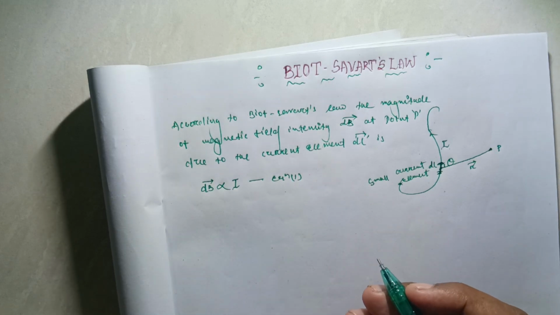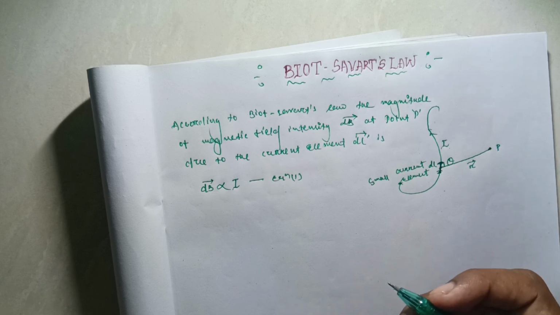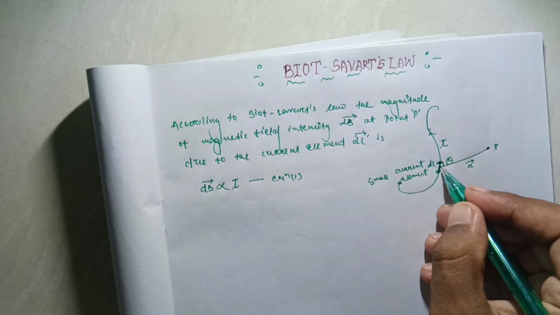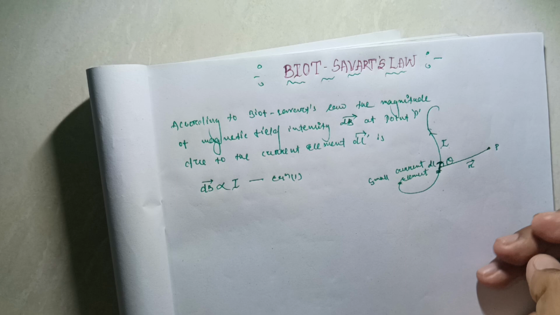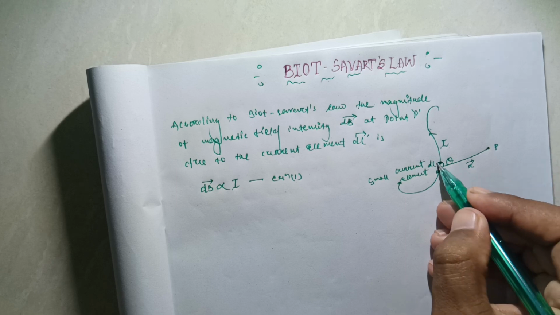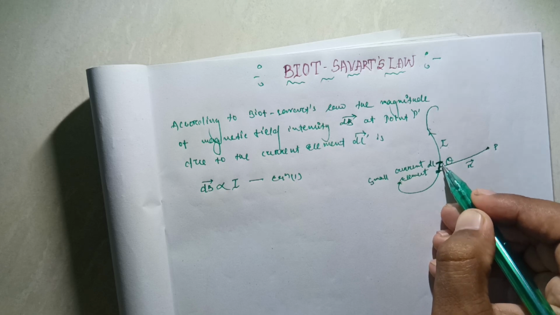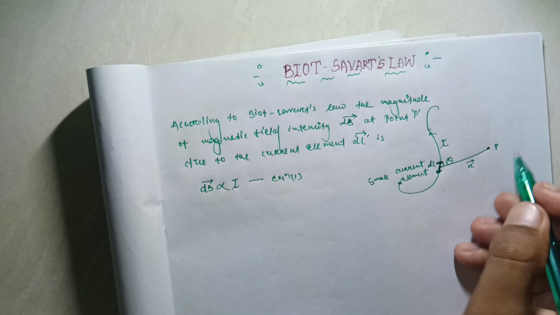And what will be the second equation? If the length of this wire or this segment increases, the magnetic field also increases, right? If the length of the segment decreases, then the magnetic field intensity also decreases. Yes or no?